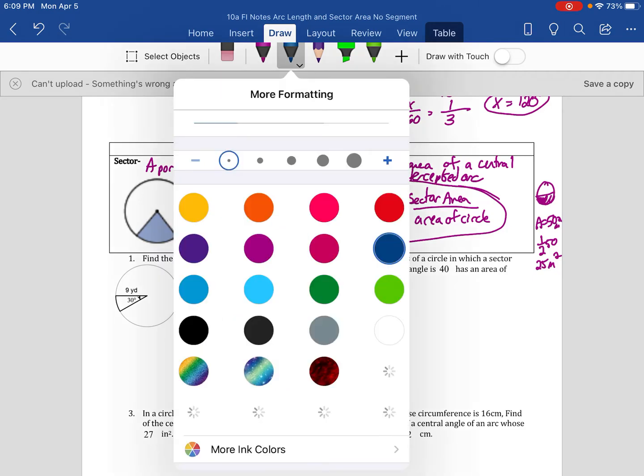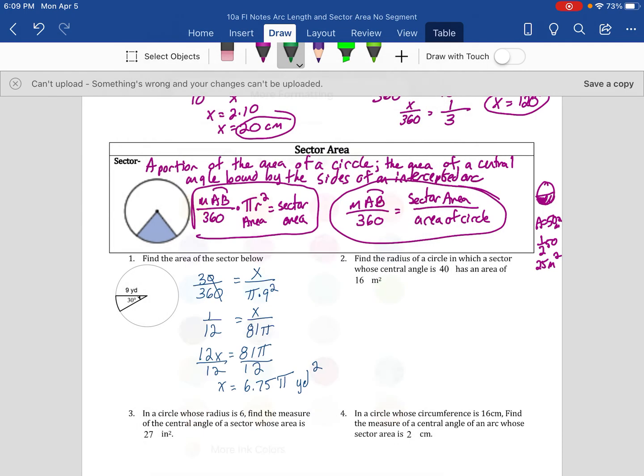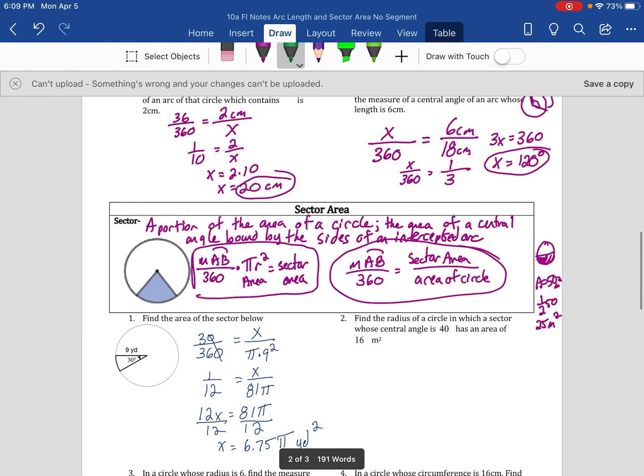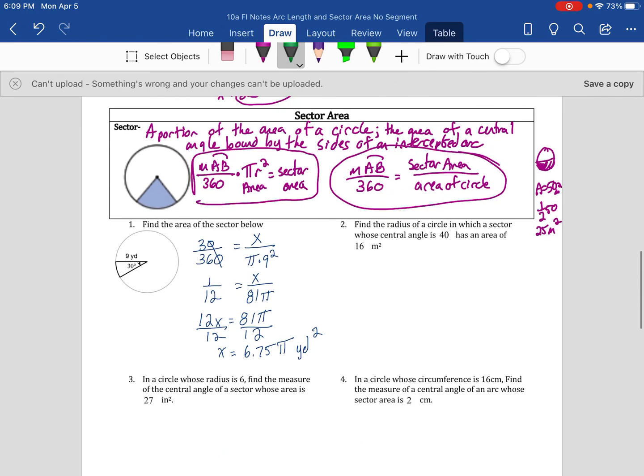Okay, now here is an example where the proportion is actually, that's why the proportion is kind of better to do. So in this case, it says find the radius of a circle in which a sector whose central angle is 40 degrees has an area of 16 pi meters squared.